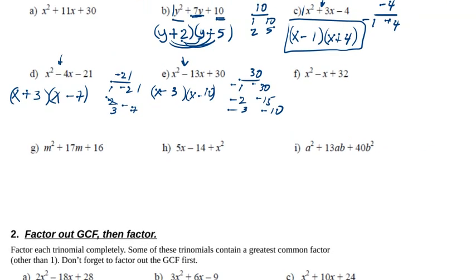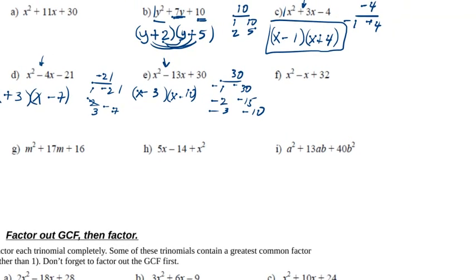Okay, again, on this one, we have factors of +32 that add to be a -1. So I know they both need to be negative to multiply to be a positive, but add to be a negative. So it's not going to be -1 and -32, obviously. As a matter of fact, there's nothing that's going to work to get a -1, right?